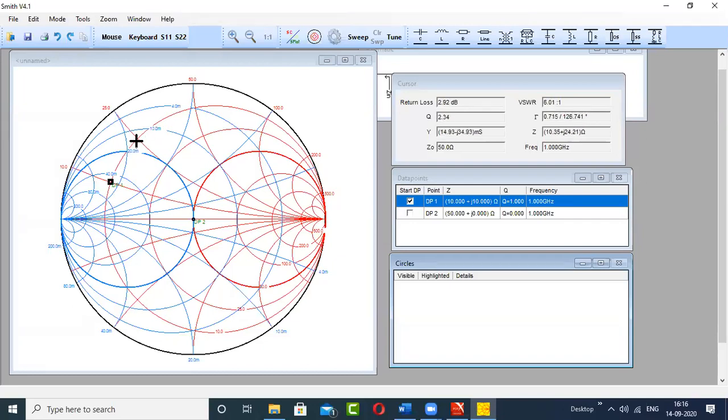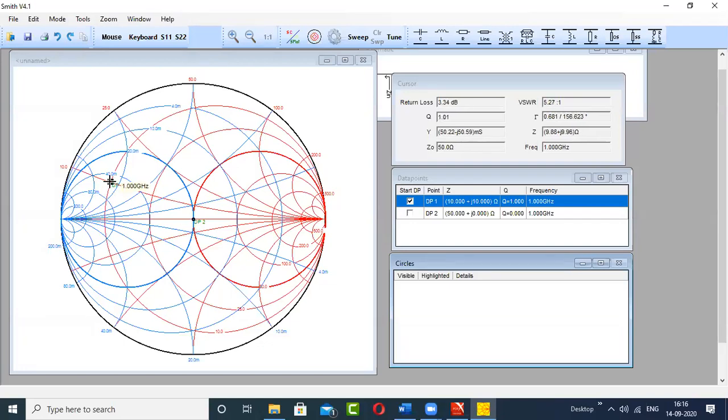These two circles are intersecting at this point. This is one intersection point and this is another intersection point. So you can ride on this circle from here to this upper intersection. And from here, you can go to the center of the Smith chart. This could be one solution.